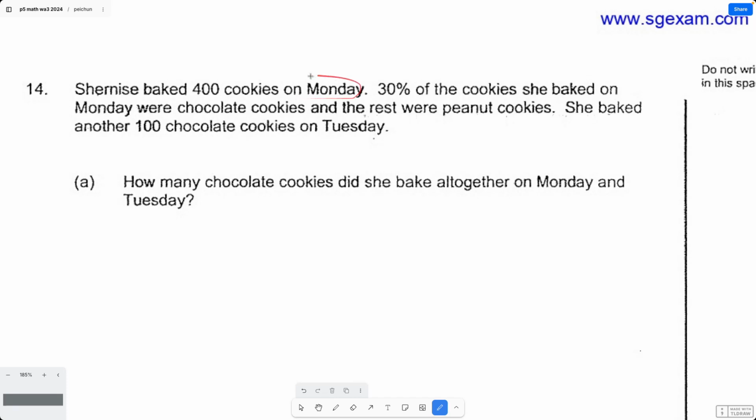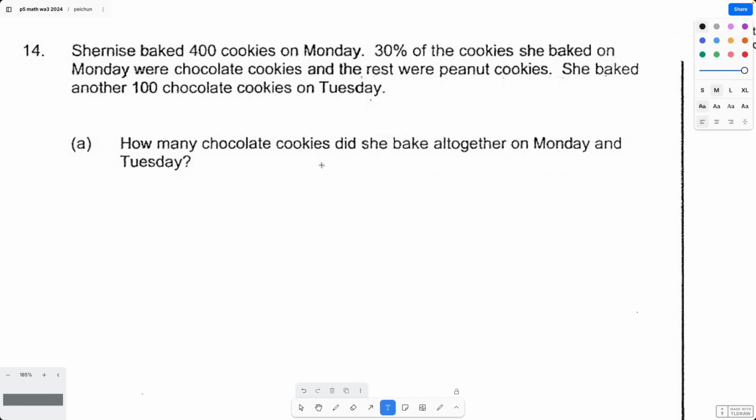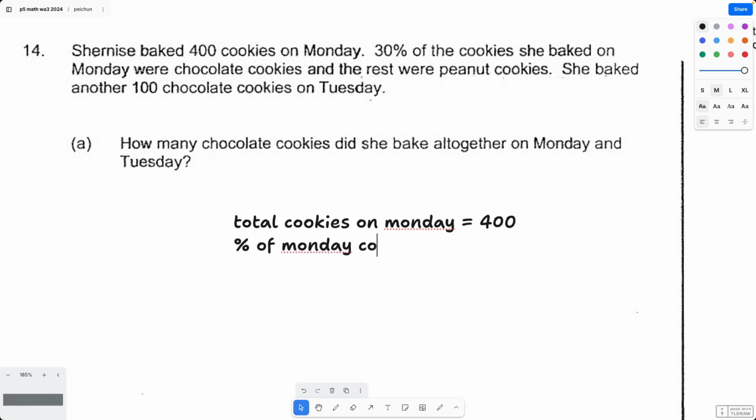So we see here Monday over here, and we want to have chocolate cookies. First, let's write it down. We always want to summarize, right? So the total cookies on Monday is equal to 400. We know that the percentage of Monday chocolate cookies is 30%.